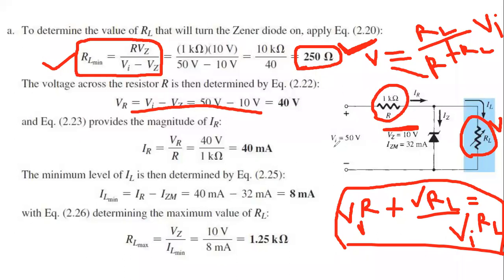So 50 minus 10 equals 40. So we can easily find the current through the R resistance, VR by R. So 40 by 1K, that is 40 milliampere.